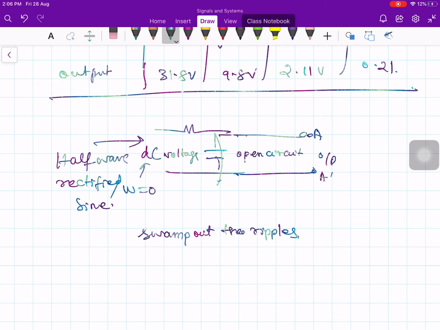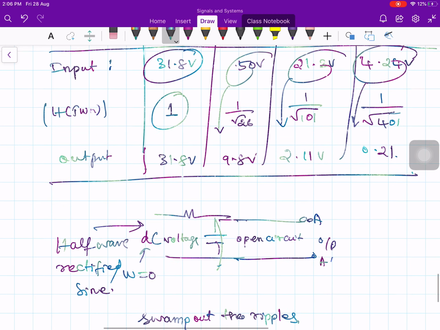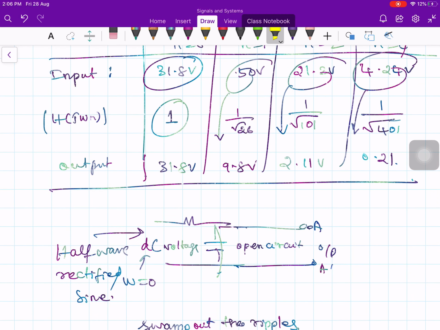Now, how good is the filter? In this case, the input DC is 31.8, and the same 31.8 you are getting at the output.